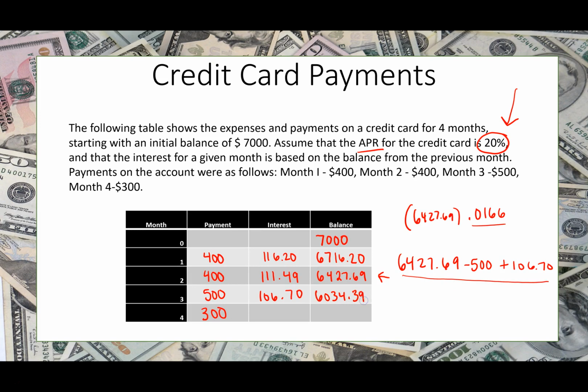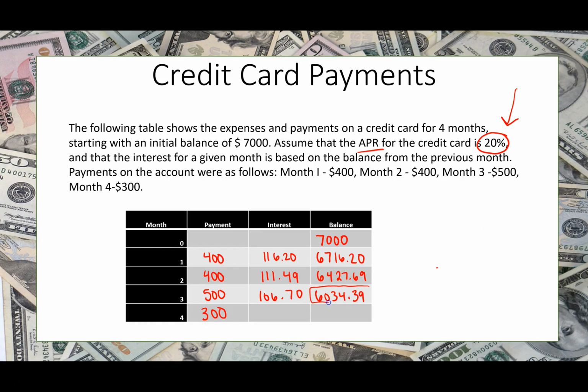When I do this in my calculator right here, I get $6,034.39. All right, last one here. We are going to take this amount right here, 6034.39, and multiply it by that value I've been using, 0.0166.